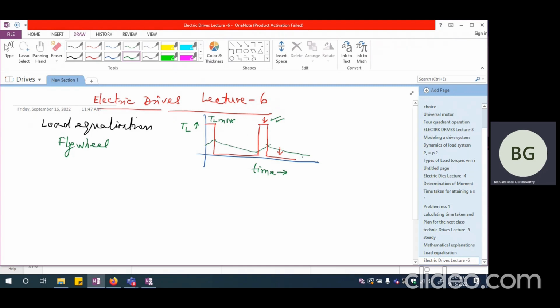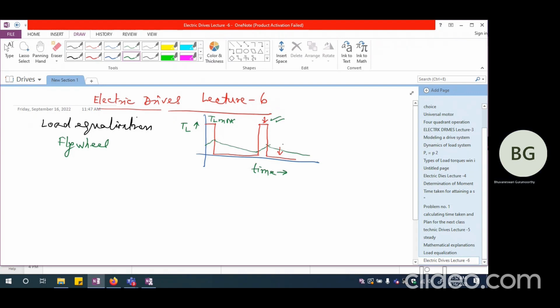So this will also reduce the complete rating that we are employing for this particular drive system. That will also reduce the cost of the motor that I'm employing in this particular drive system. So load equalization is to make the load evened out or leveling the load when it is being depicted to the motor. That's what we are looking at.